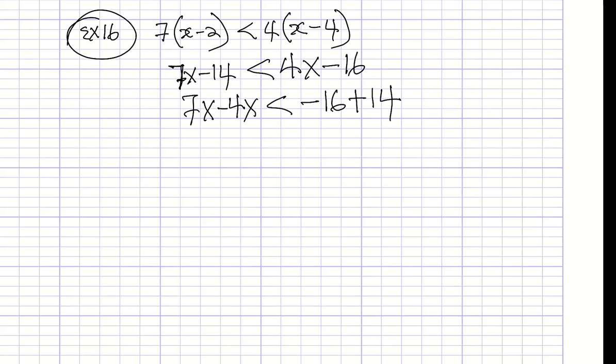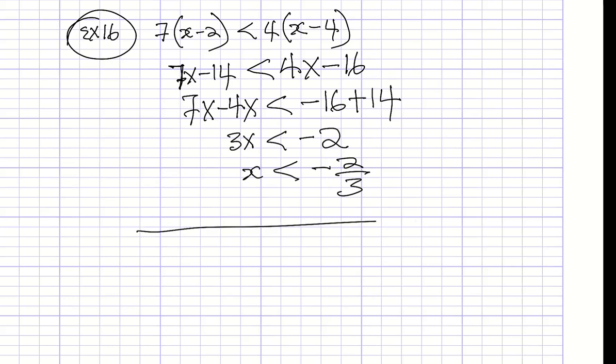When you move 14 over, it becomes plus 14. You see that, right? Okay, so that becomes 3x less than, what is that? Less than, it becomes negative 2. You see that, right? So we divide by 3 on both sides. You will have x less than negative 2 over 3. See? We didn't divide by a negative, okay? So that's what we got there.